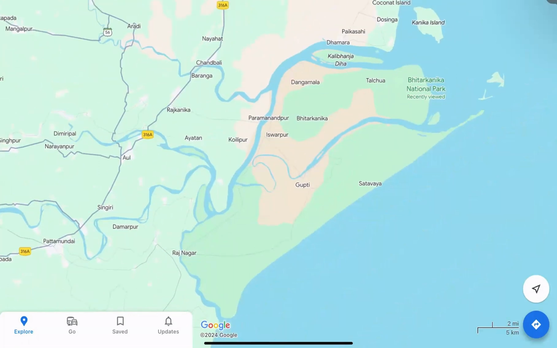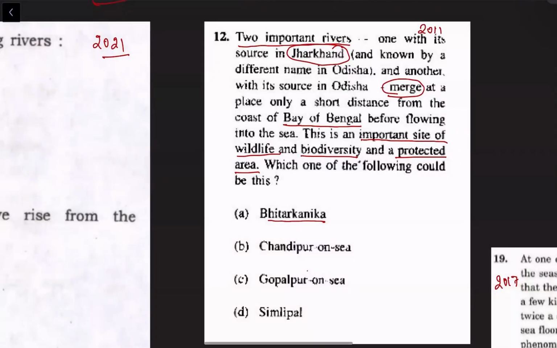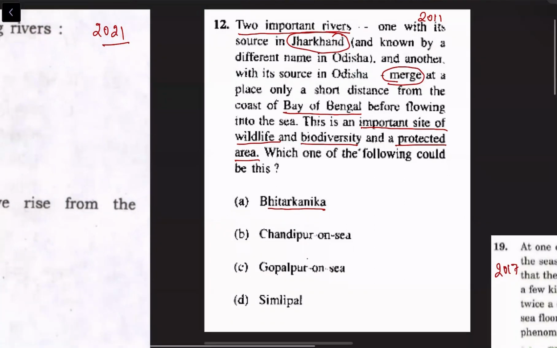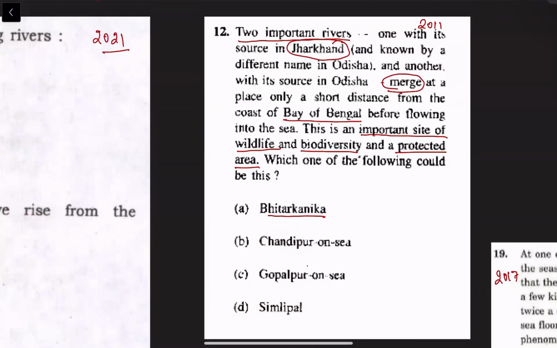So by working this PYQ, we understand Brahmani has its source in Jharkhand and Baitarani has its source in Odisha. This question is also important because of a wrong option given in it, that is Chandipur Sea.